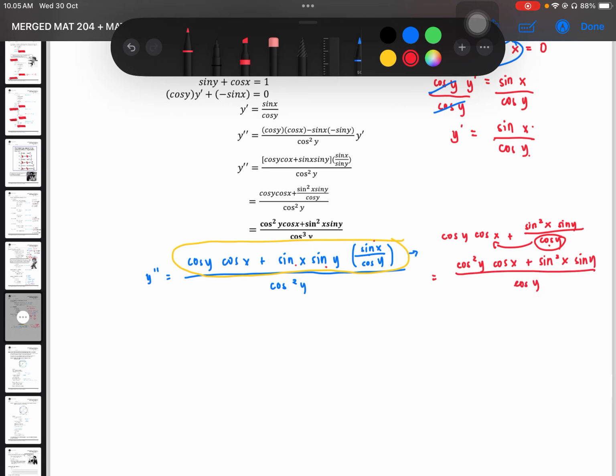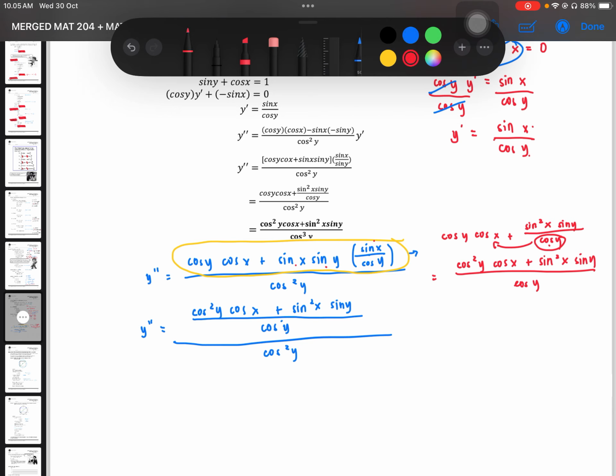Okay. So now, pag inayos natin yan dito, we will be having y double prime is equal to cosine squared y cosine x plus sine squared x sine y all over cosine y. Then, meron ka pang another all over para dun sa cosine squared y natin, yung original natin na denominator.